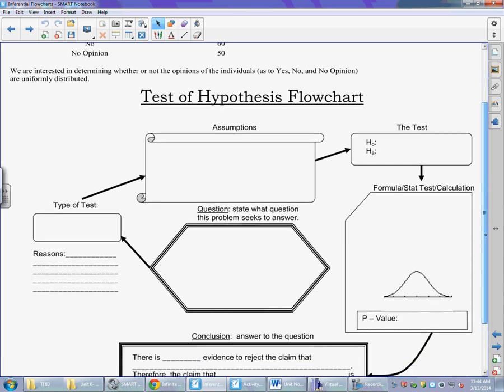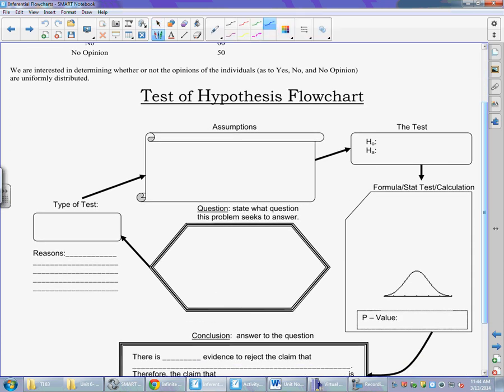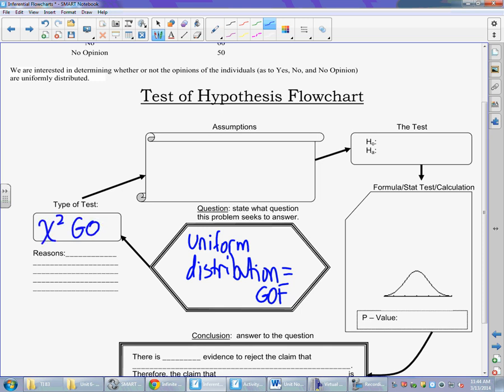All right, so uniform distribution equals GOF, goodness of fit. All right, and so it's chi-square, GOF.